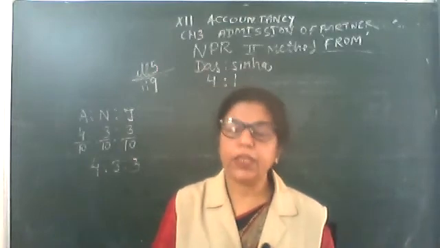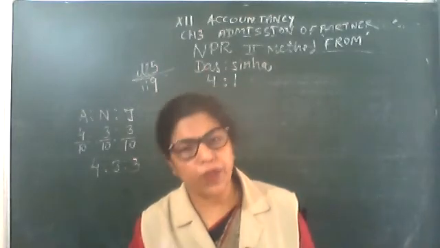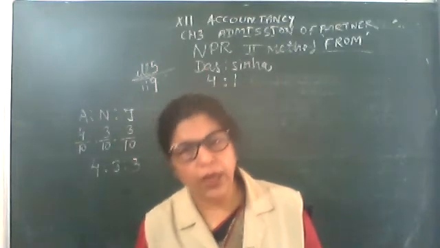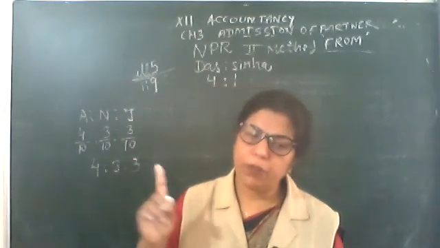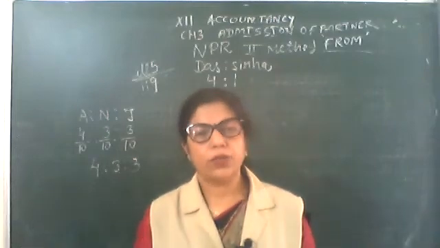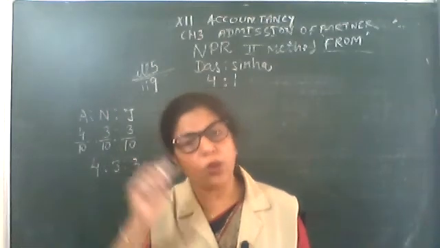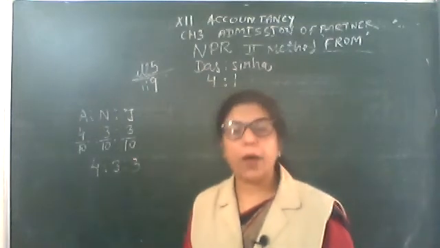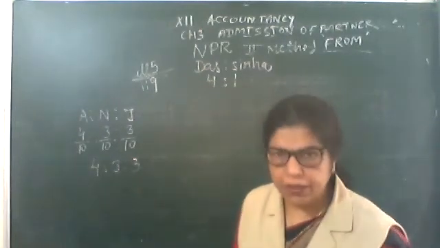4:1 means if the firm earns 5 rupees, 4 will be given to Das and 1 rupee will be given to Sina. So Das and Sina are the old partners. Now they admit Pal, a new partner.